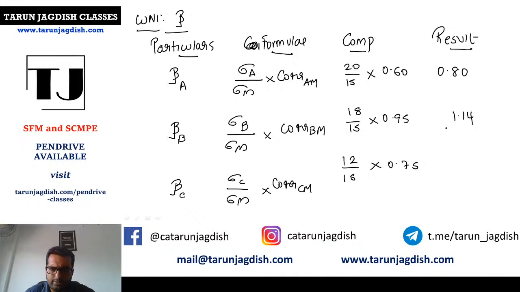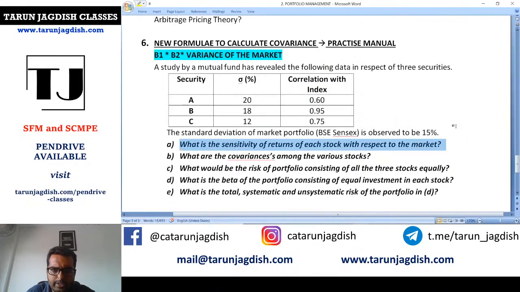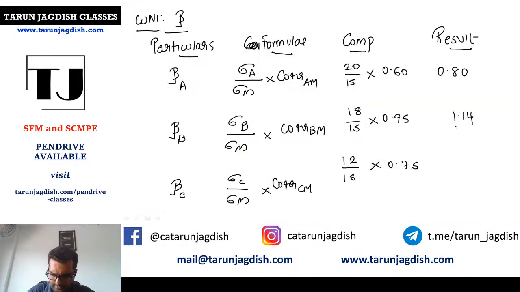Oh, I think the last one I made some mistake. Is it 12 by 15 into 0.75? 2.5. Is that the answer for the last one? Should be 0.6. There's some mistake. 12 by 15 into 0.75. Yes, it's 0.6.